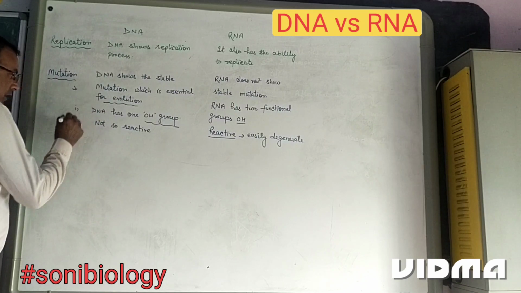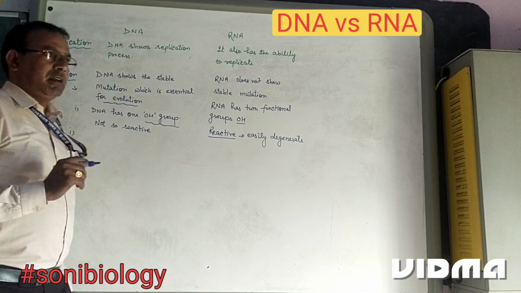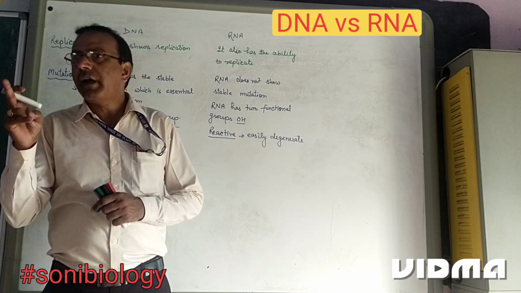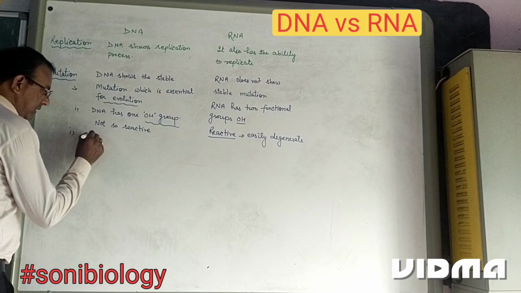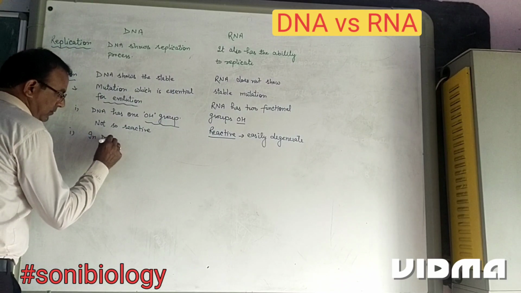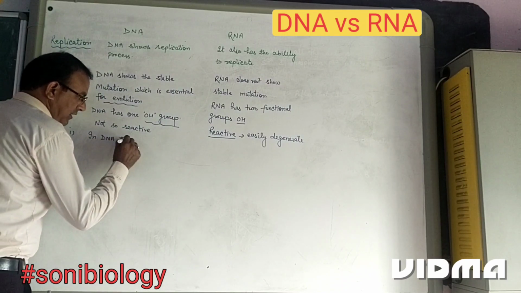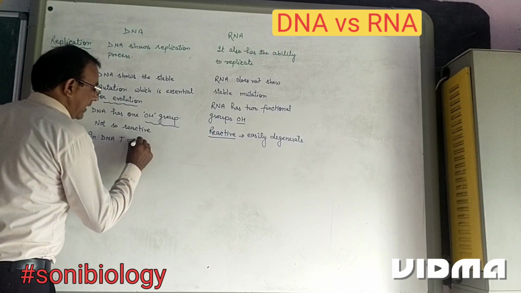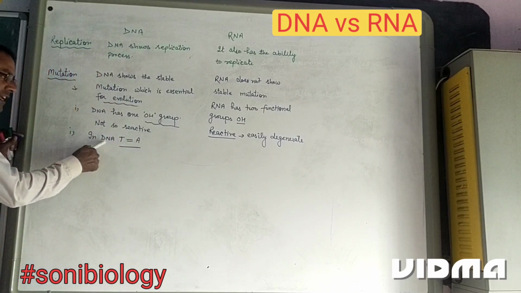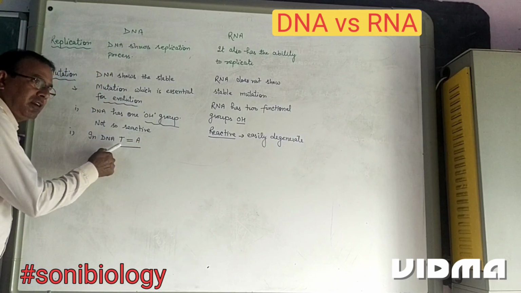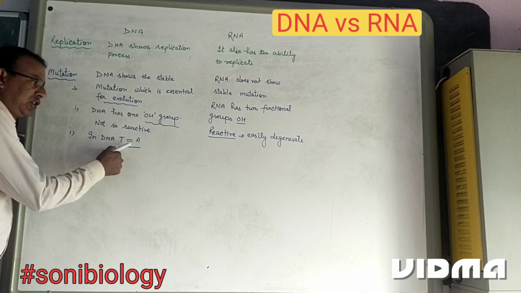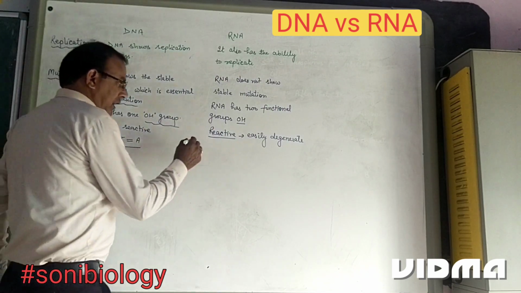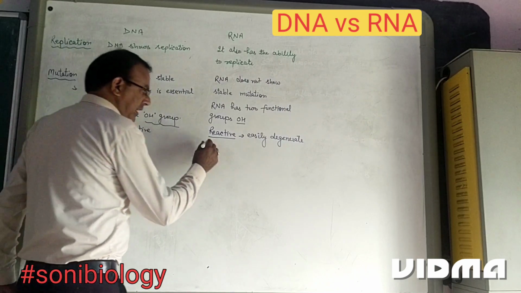Second, DNA has adenine bonded with two hydrogen bonds to thymine. So we can say that DNA contains thymine, which is double hydrogen bonded with adenine. But in RNA, in place of thymine, it contains uracil.